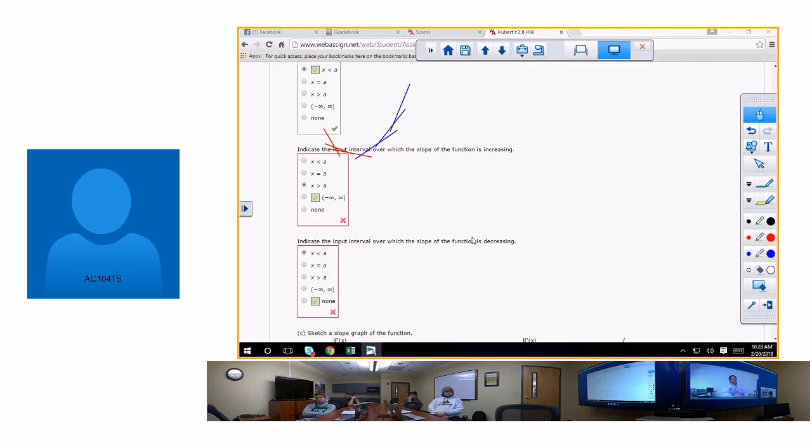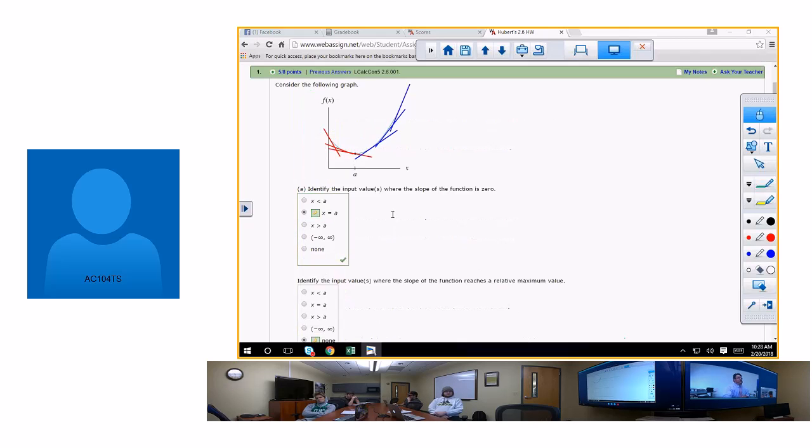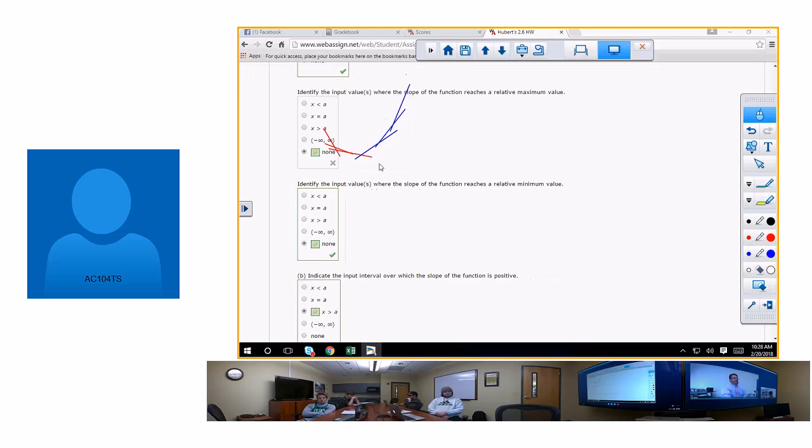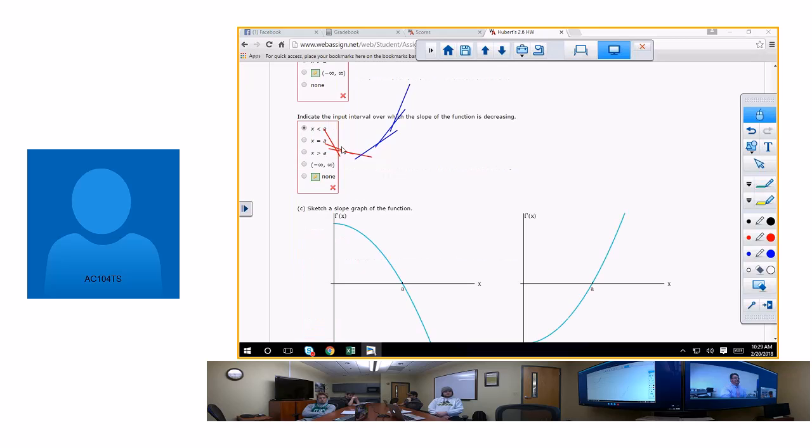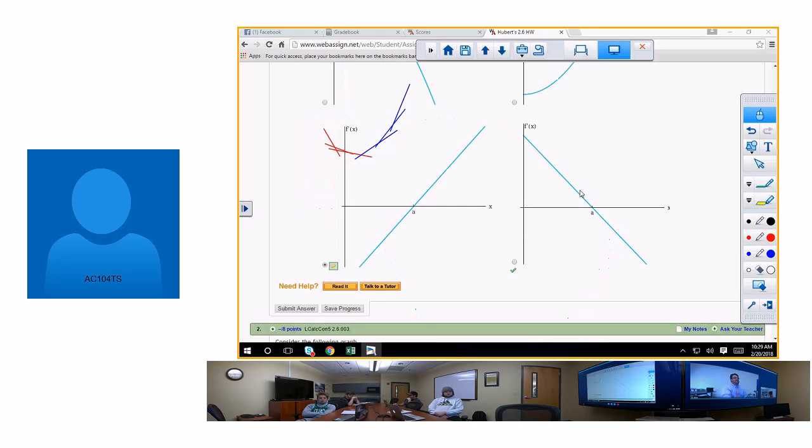Even if you did the increasing values of x and the decreasing values of x, as x right here increases, what's the function doing? It's decreasing. As x increases here, it's increasing. So I really don't understand how they get that answer.